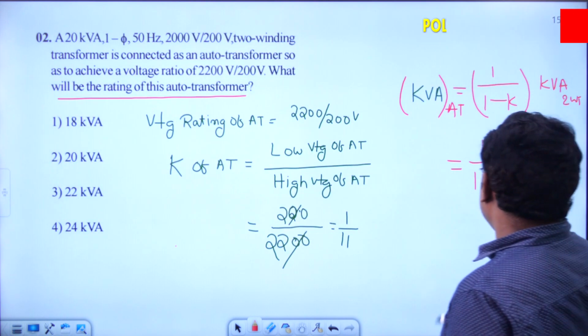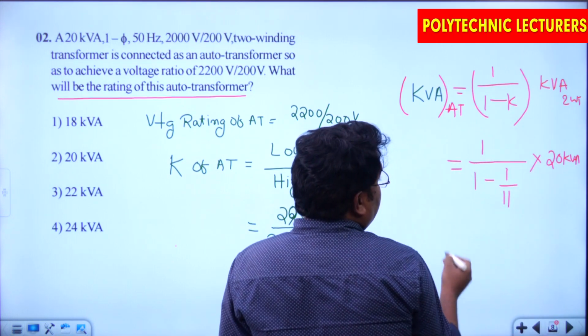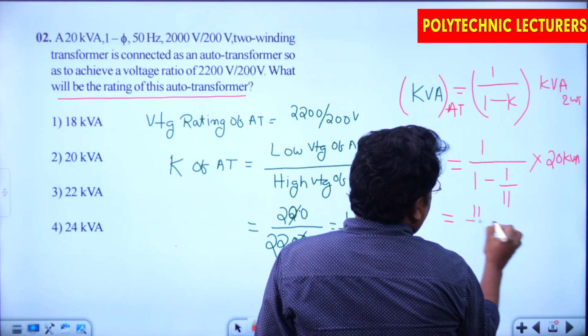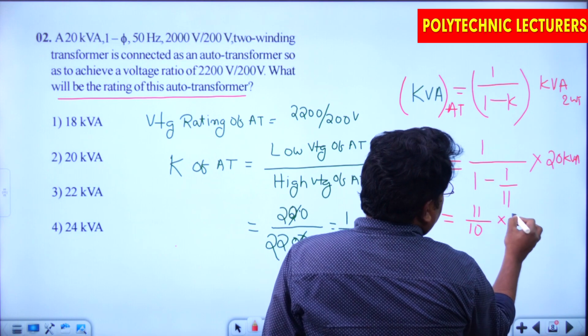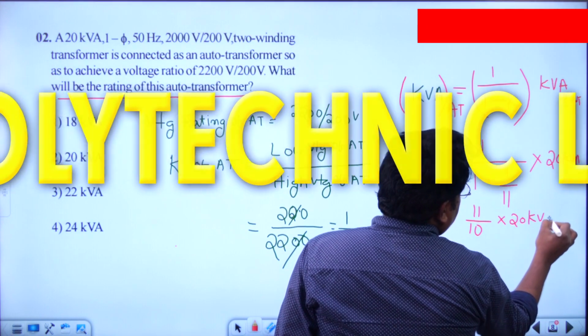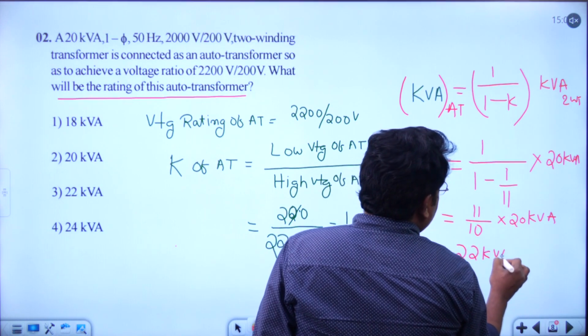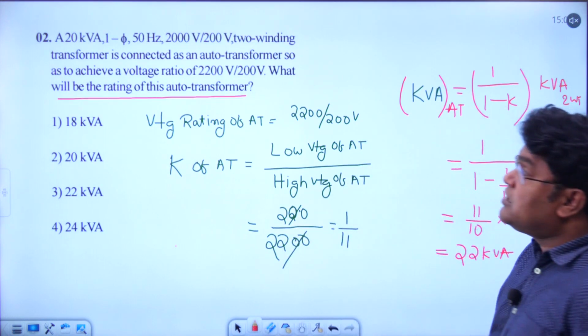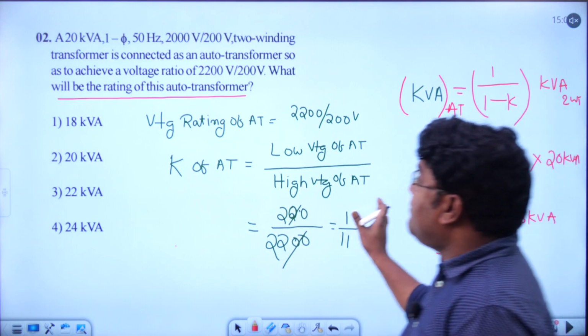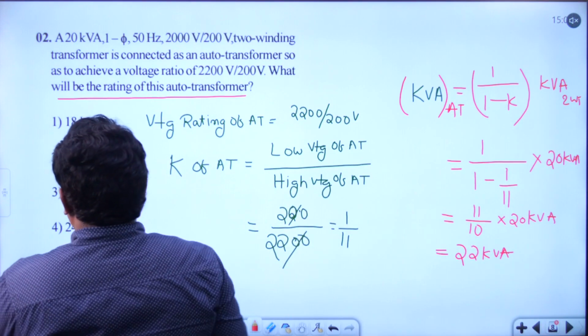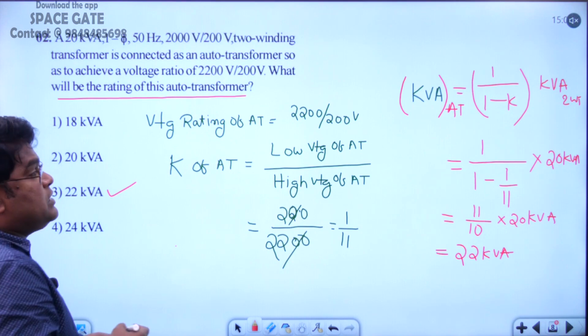Simplifying, this is 11 by 10 multiplied by 20 kVA, which becomes 22 kVA. This is one method to answer this question. The kVA rating of the auto transformer is 22 kVA. Option 3 is correct.